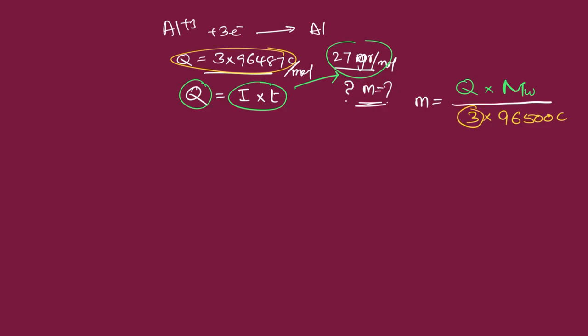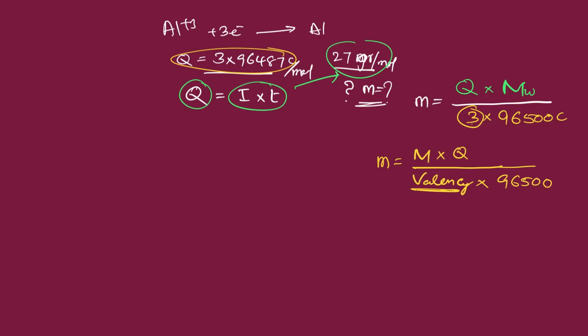Now we can create one formula. This 3 is the n factor or valency. Therefore, M is equal to molar mass into Q divided by this 3, which is the valency of the metal, the number of electrons transferred, and into 96,500.